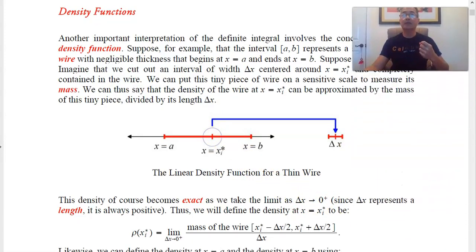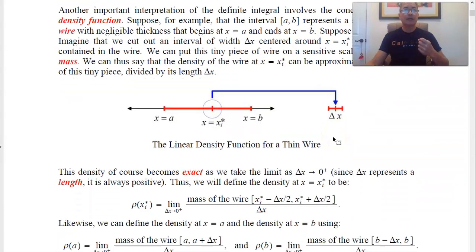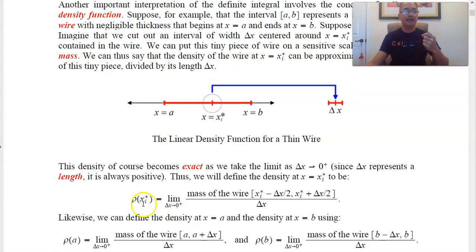Okay, so let me scoot up over here. Here we go. So the density at xi star is the limit as this width delta x right here goes to 0 positively. Length has to stay positive. Of the mass of this wire, and this is basically representing the interval from xi star minus delta x over 2 to xi star plus delta x over 2.